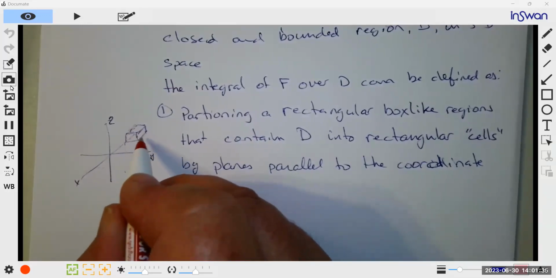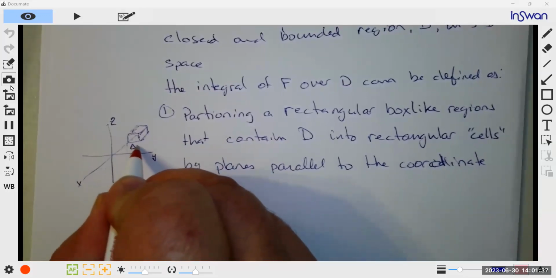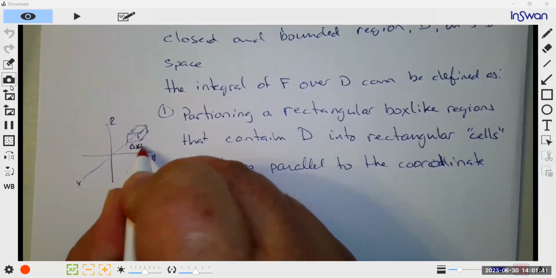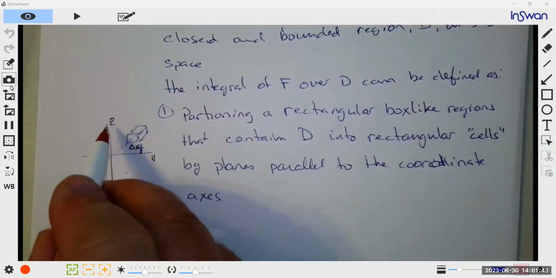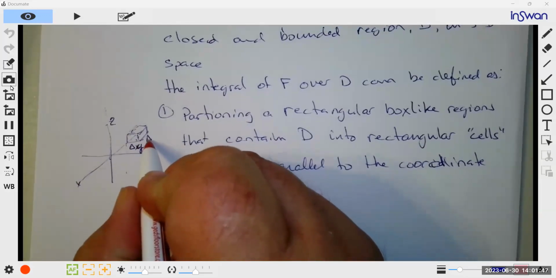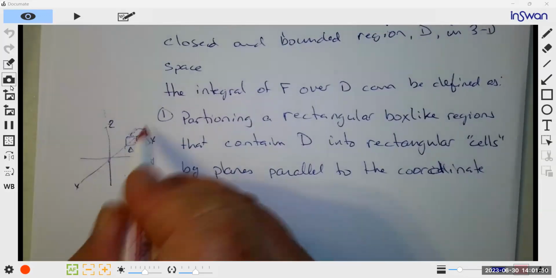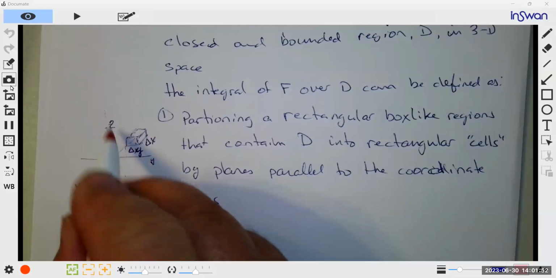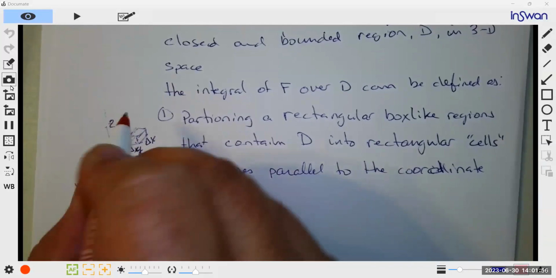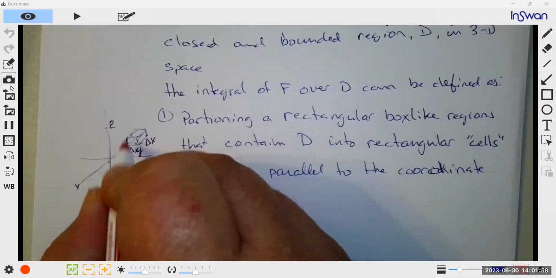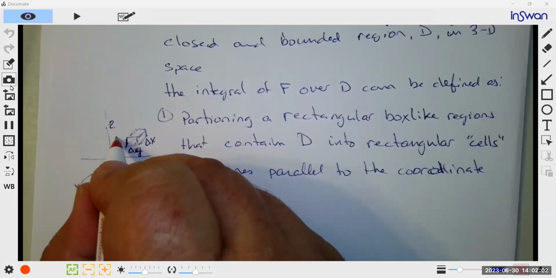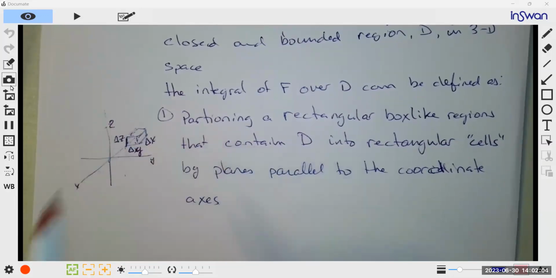The depth, we'll call these delta y. Those are perpendicular to the xz plane. The delta x, the ones that go this way, are perpendicular to the yz plane, but parallel to the x-axis. And then the vertical ones are perpendicular to the xy plane, but parallel to the z-axis.